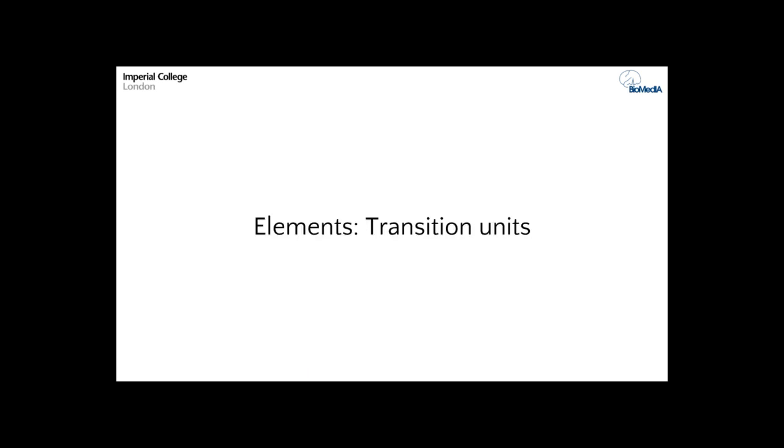So the second part of high-level elements I want to talk about is transition units. So think about it like this. You have one resolution scale, the image you put in, you extract a series of features. And you would want to obviously look at different resolution scales. We heard that in the talk before. So we call these transition units generally, how do you transition between different scales.